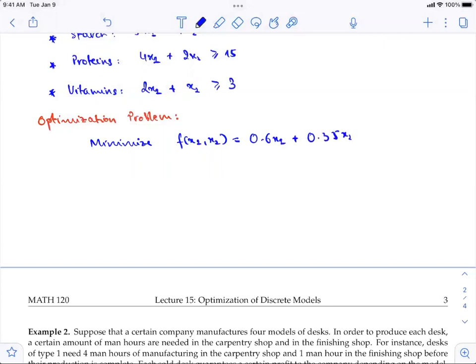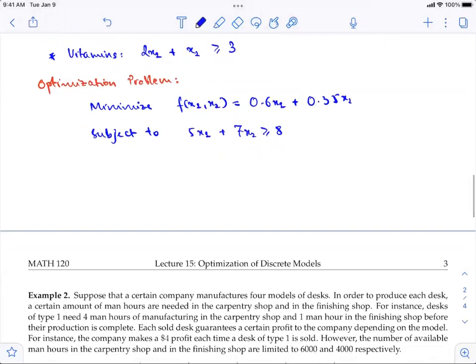We want to minimize the cost function subject to the following conditions: 5x1 plus 7x2 is greater than or equal to 8, and 4x1 plus 2x2 is greater than or equal to 15.